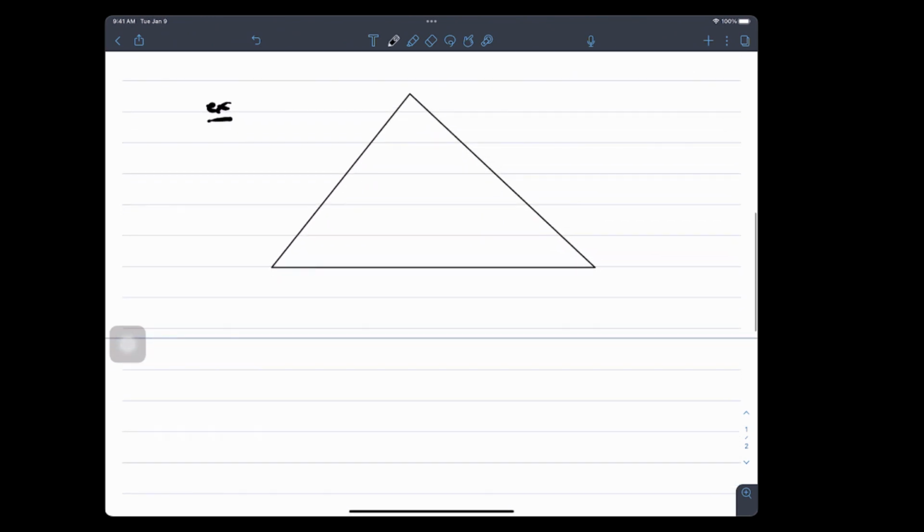So we're going to start simple. 38 meters, and then maybe 21 meters. And then you have to have a what here? Right? We're going to have an angle that's what? Anybody know what I'm talking about?